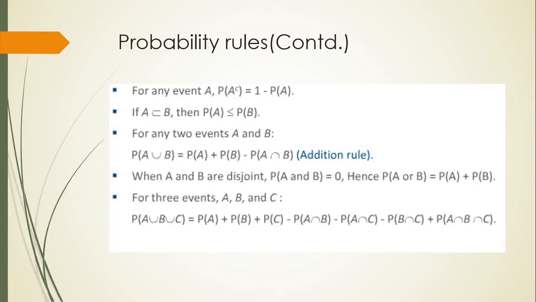When A and B are disjoint events, the probability of A and B is equal to 0.